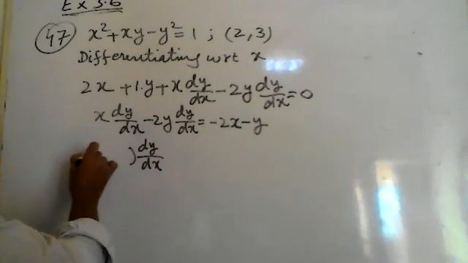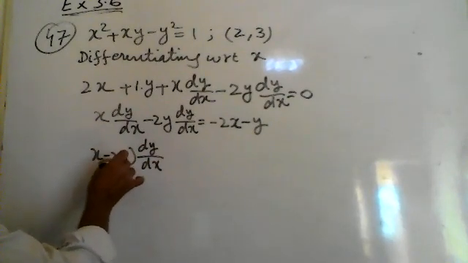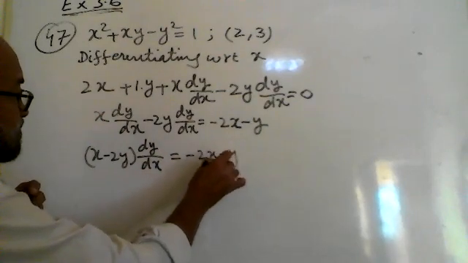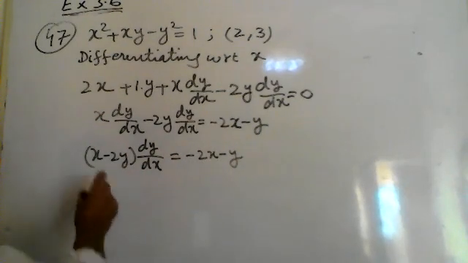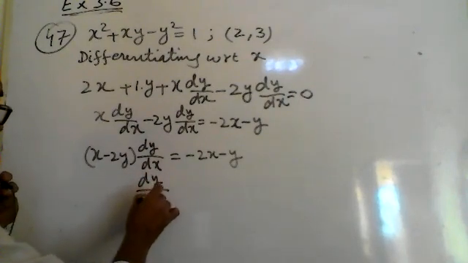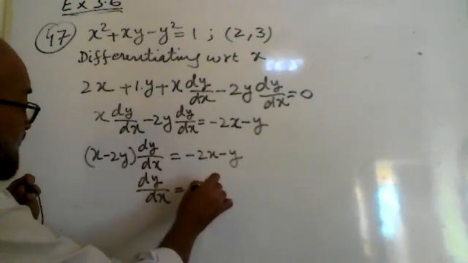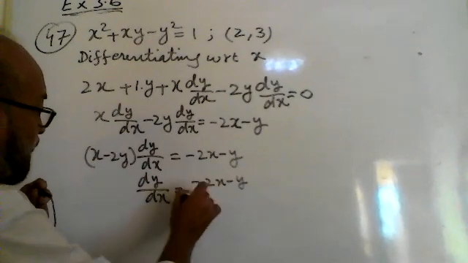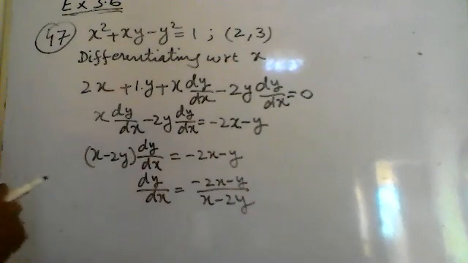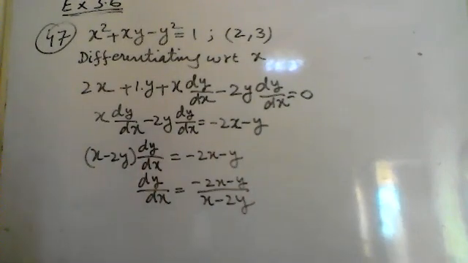Inside will be x minus 2y is equal to minus 2x minus y. Divide by this one. dy upon dx is equal to minus 2x minus y upon x minus 2y. This is the derivative, dy upon dx.